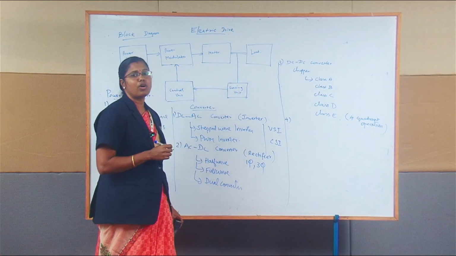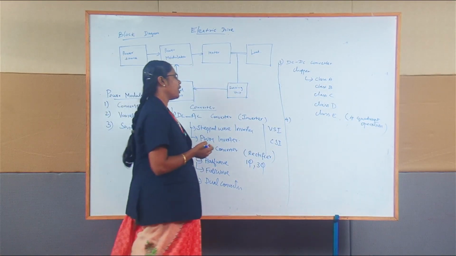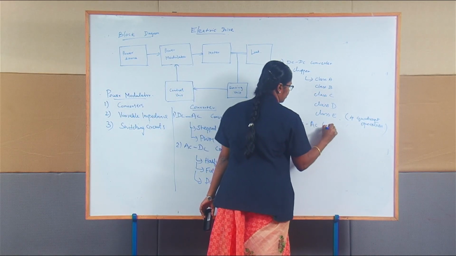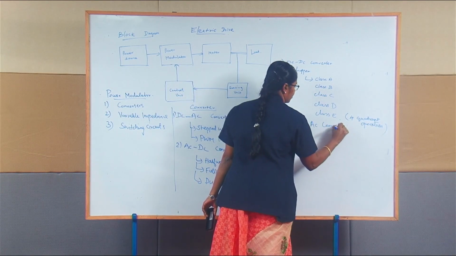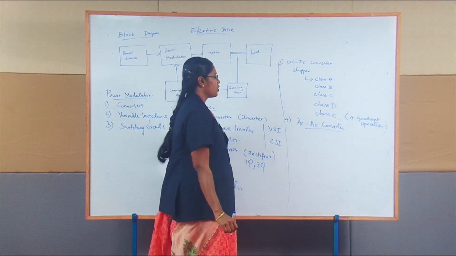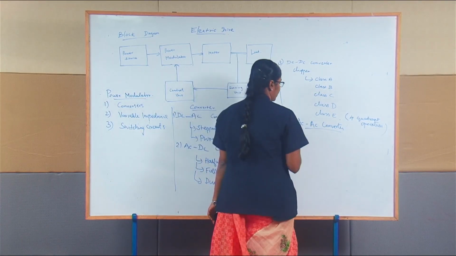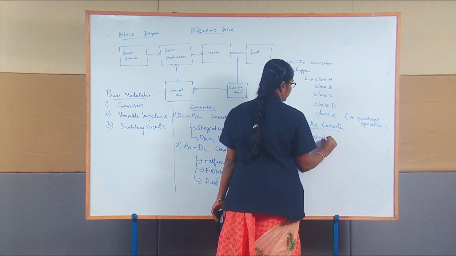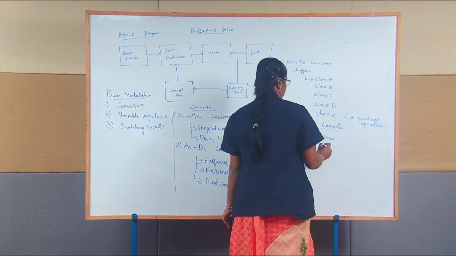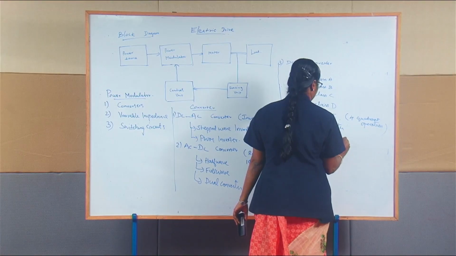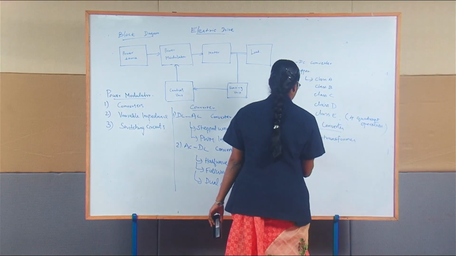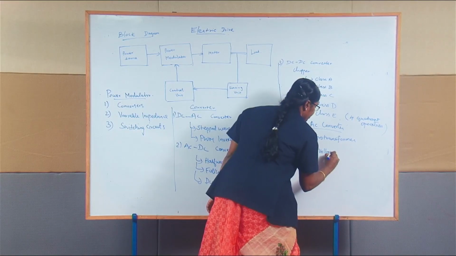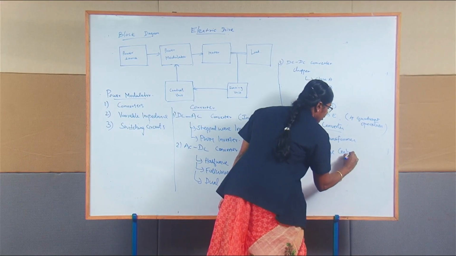in some cases I want to convert fixed AC into a variable AC, that is AC to AC converter, right? So AC to AC voltage conversion can be done by using auto transformer, then AC voltage controller.